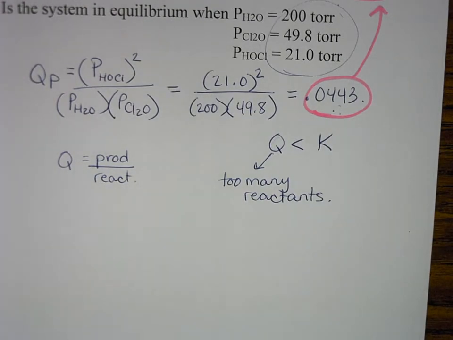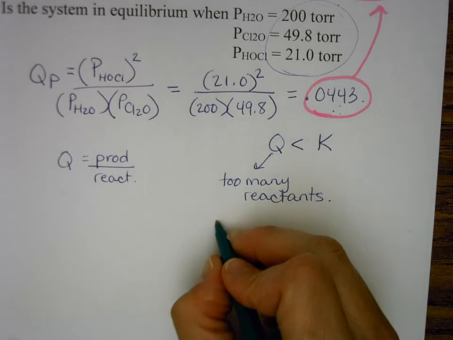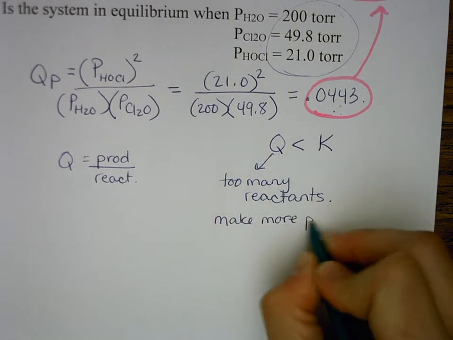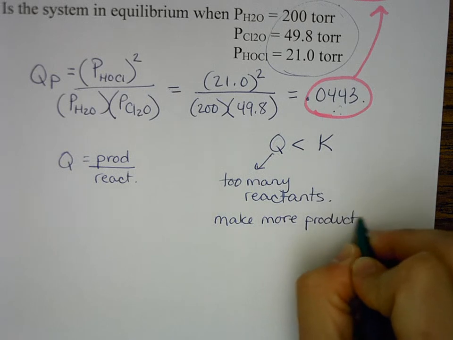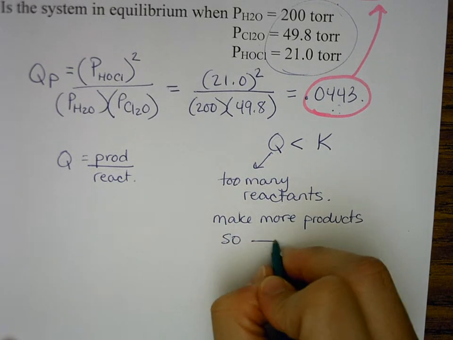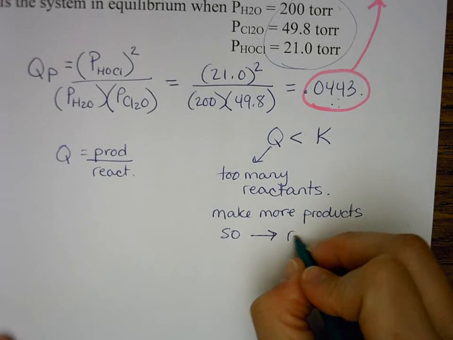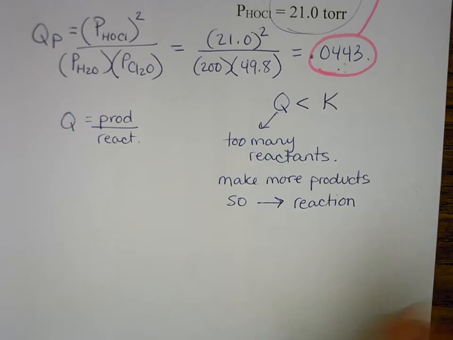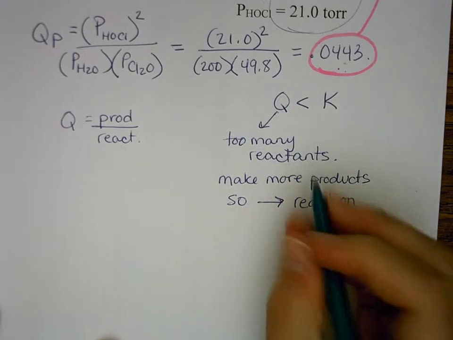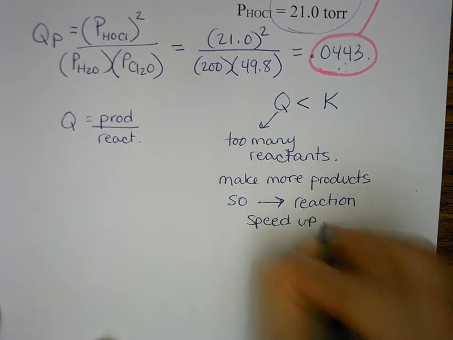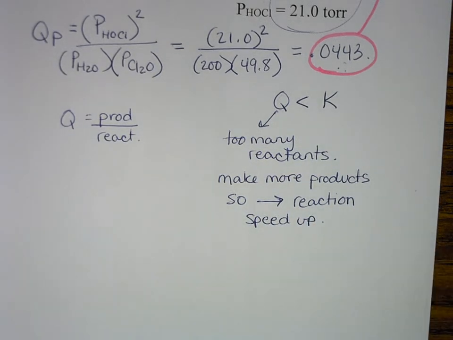So if there are too many reactants, that reaction needs to make more products. So the forward reaction has to speed up in order to reach equilibrium.